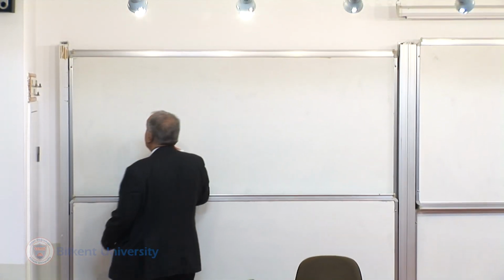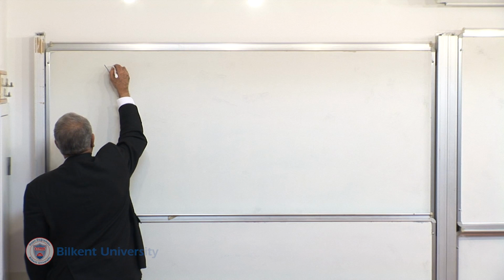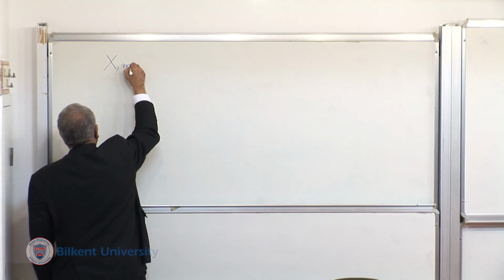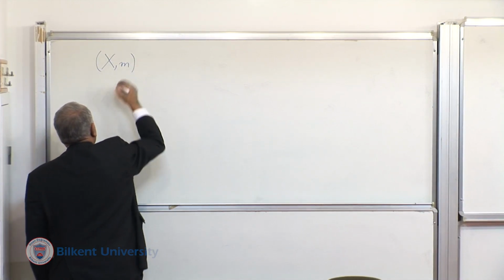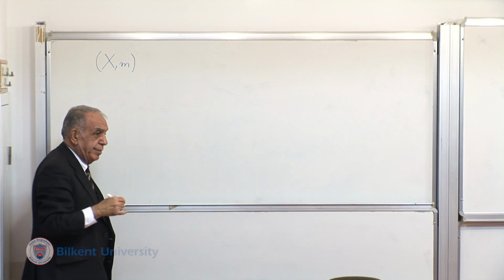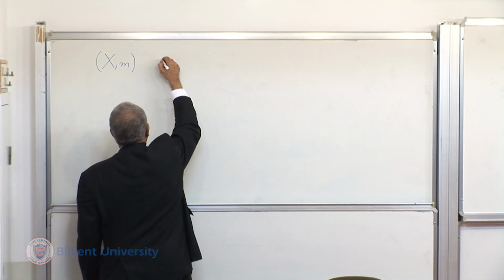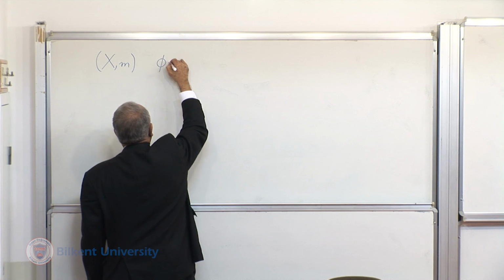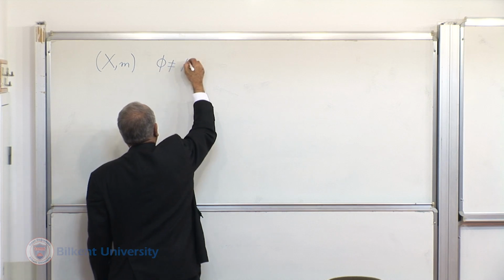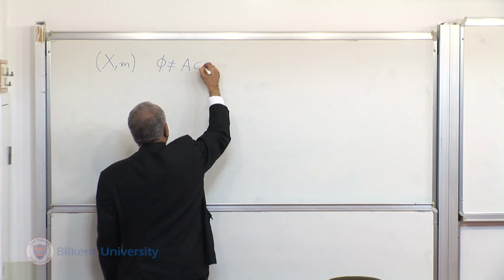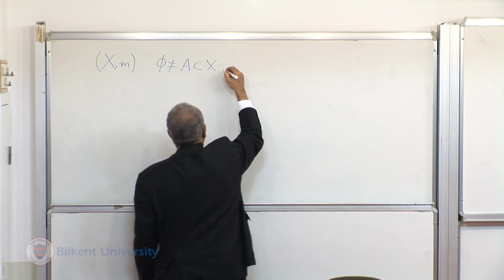Now here we have a metric space, and a non-empty subset of the metric space.